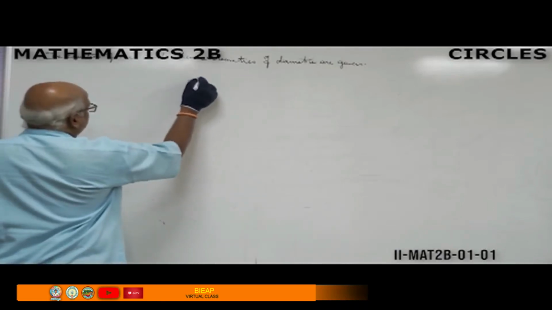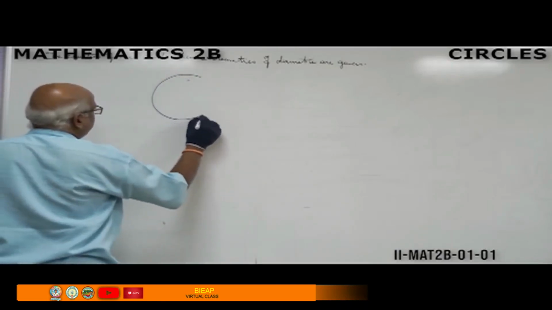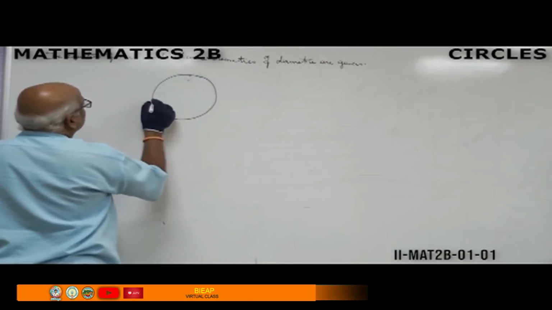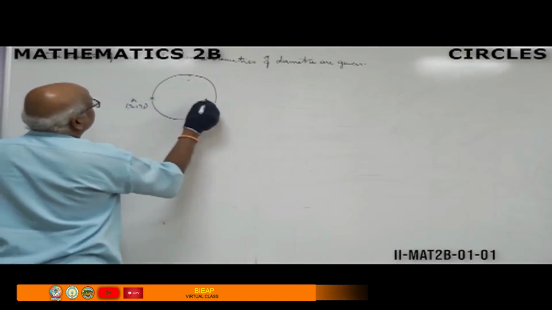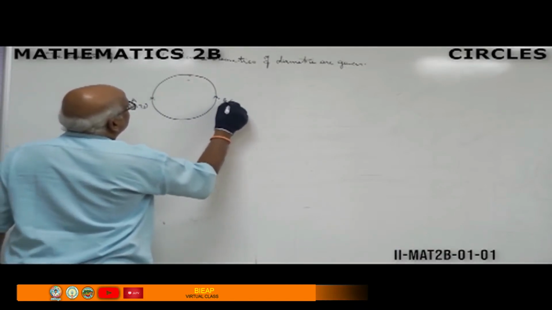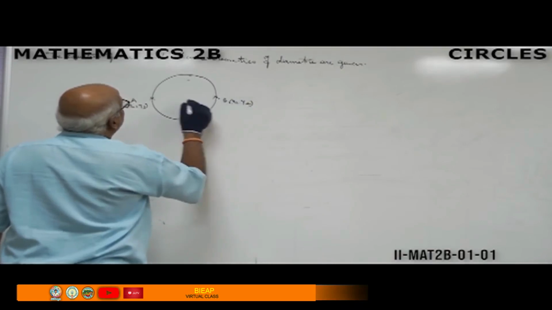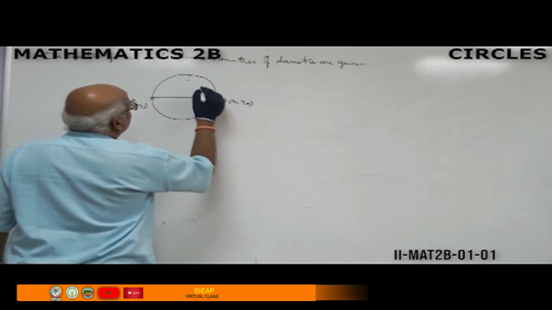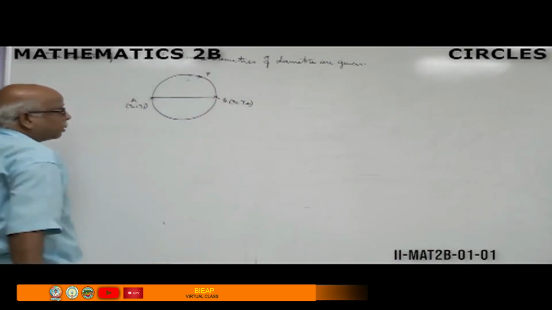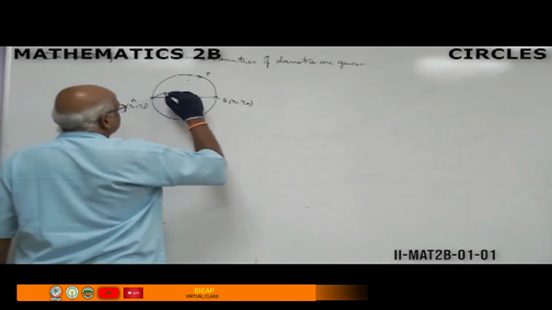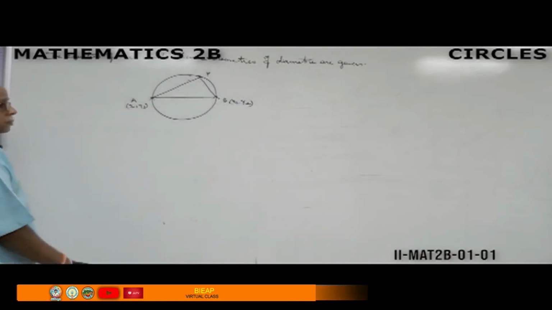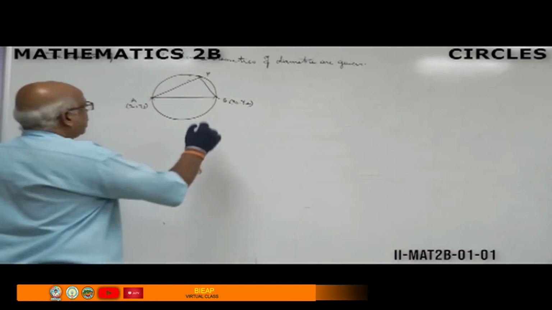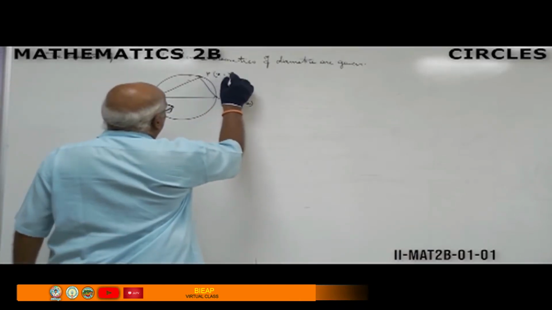What does it mean? Suppose this is a circle here. A (x1, y1), B (x2, y2), and P has coordinates (x, y).